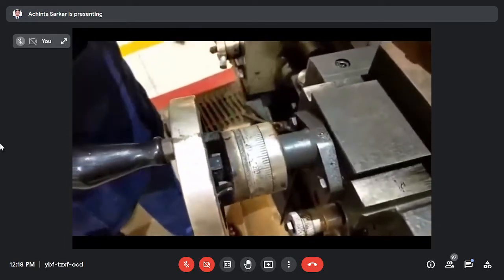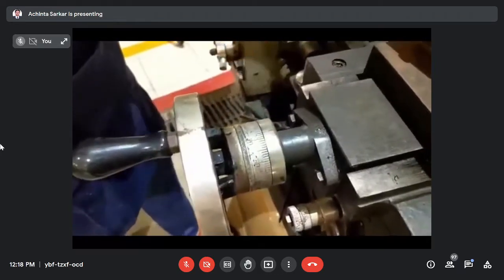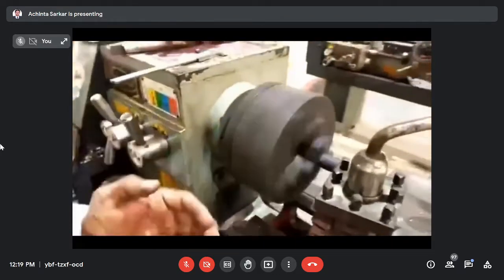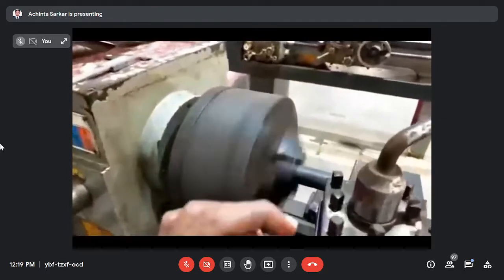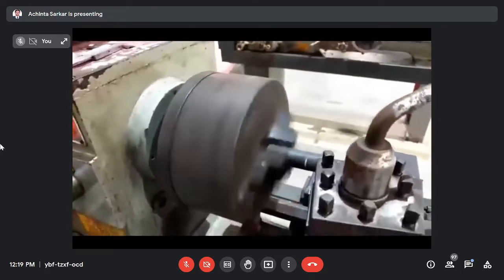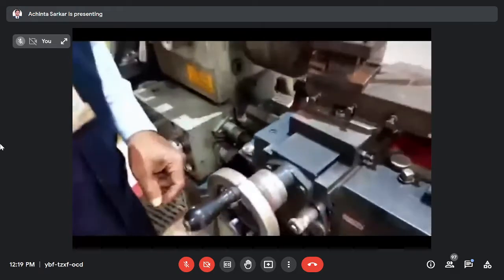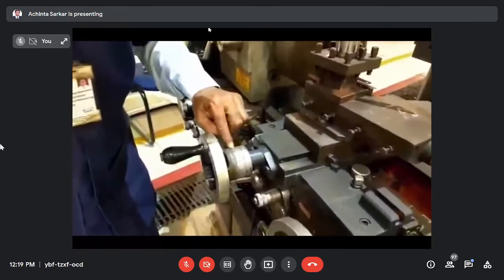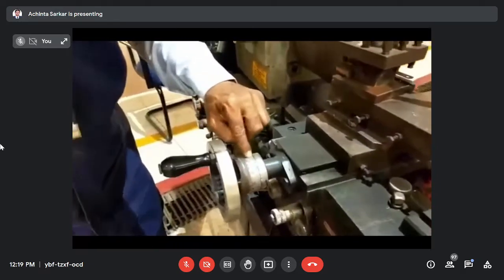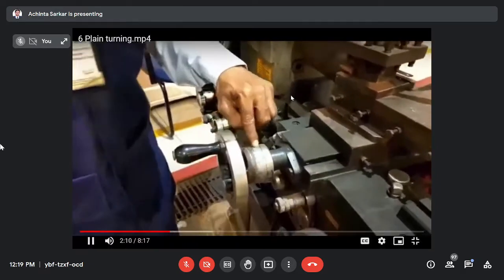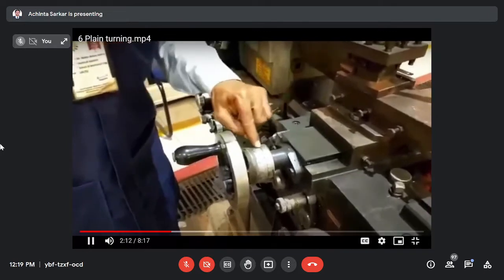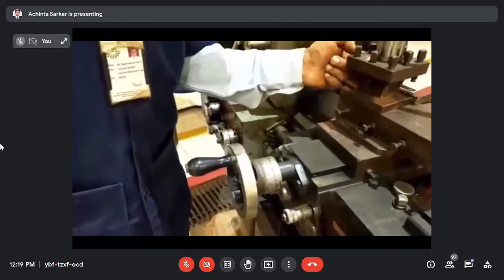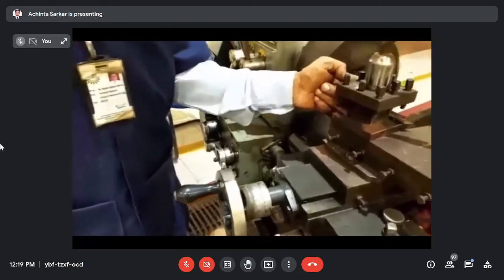Now you have to apply the depth of cut on the workpiece so that you can cut the metal easily on the diameter in the proper way. Here the marking is 68, and this 68 is the reference position to apply the depth of cut on the workpiece.